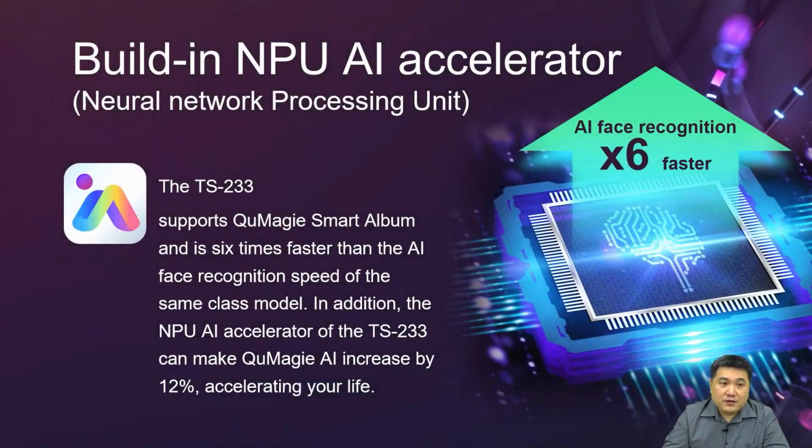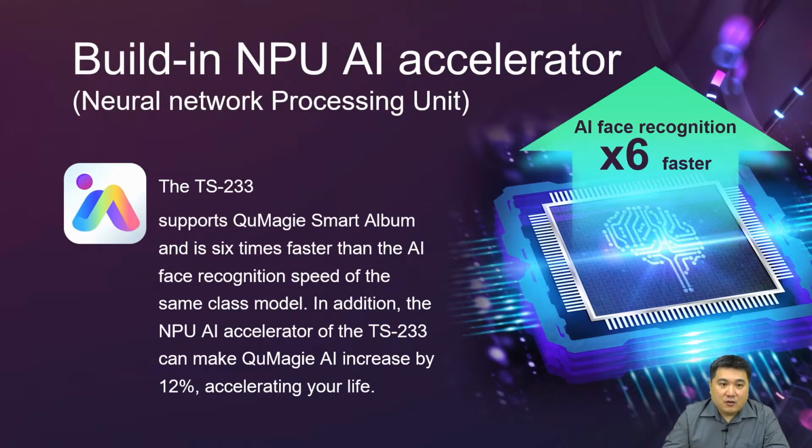NPU, Neural Network Processing Unit, is an application of biomimicry, a kind of AI edge computing that is power-saving, high-performance, and easy to deploy.